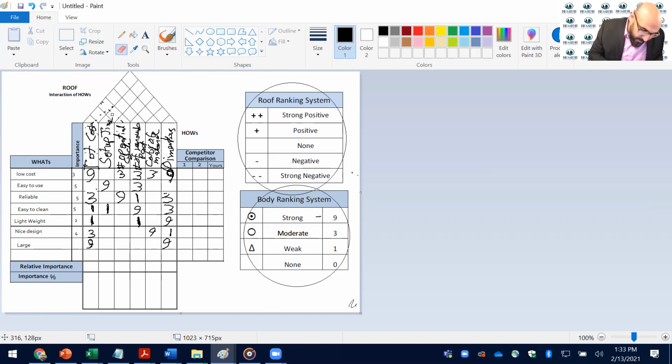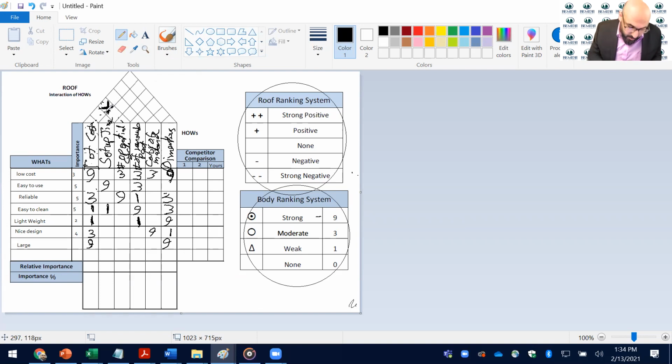You don't have to put the line, but I want to show you that the intersection between these two characteristics is where you put the positive. So that is a positive sign right here.